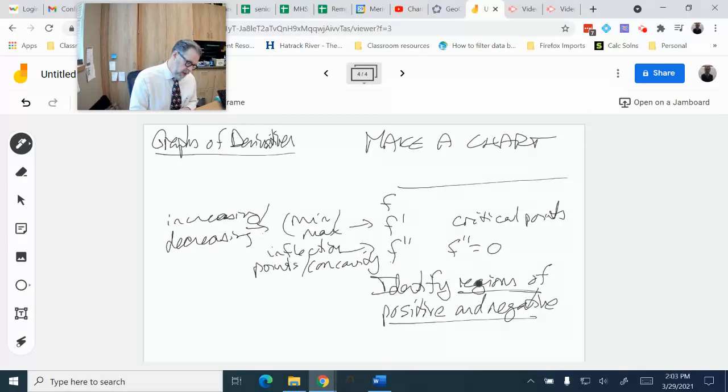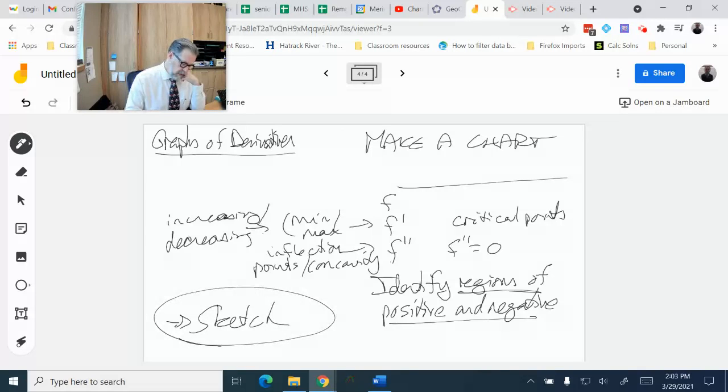And once you know where it's increasing, where it's decreasing, where all the extrema are, where the inflection points are, and what the concavity is, you can sketch the original graph. Now, are you going to know y values? No, but you're going to know the shape based on the x values.